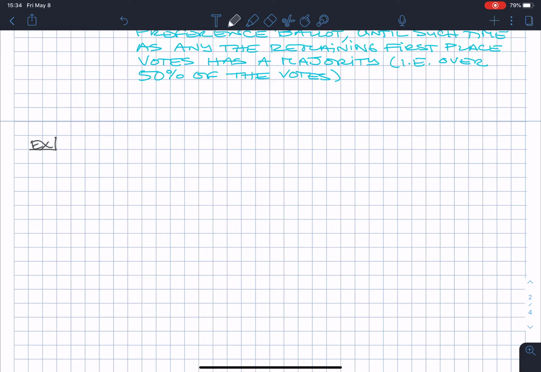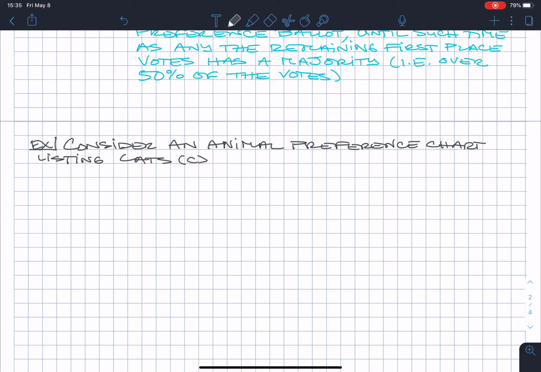Okay, so for example, consider an animal preference chart, listing cats, C, dogs, capital D, rabbits, capital R, horses, capital H, and fish, capital F. So hopefully those are all different letters.